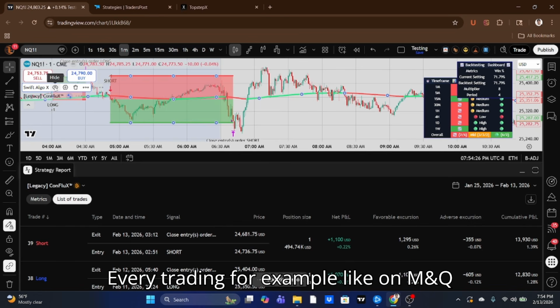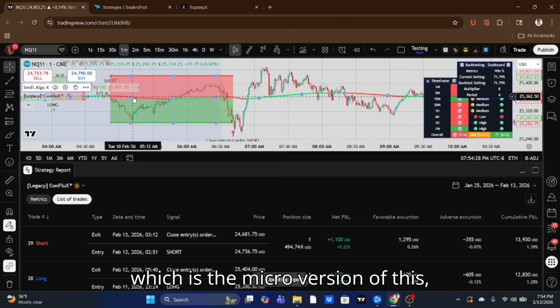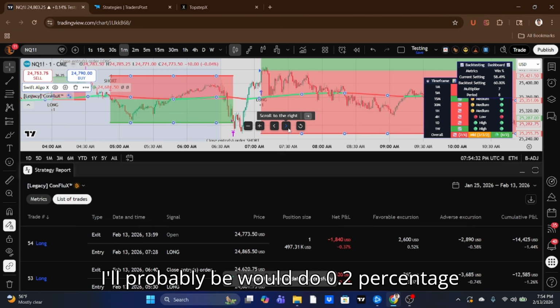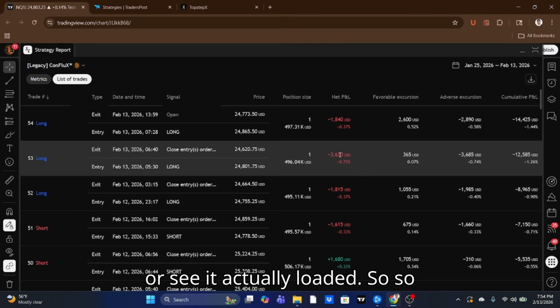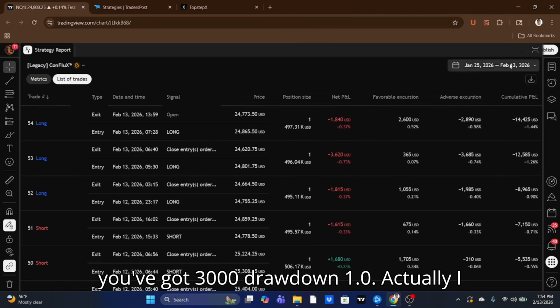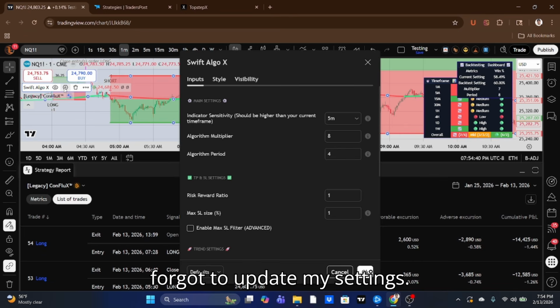If you're trading, for example, on MNQ, which is the micro version of this, I'll probably do 0.2 percent. Or see, it actually loaded. So you got 3,000 drawdown. Oh, actually, I forgot to update my settings. So let's do 7 and let's do 8.